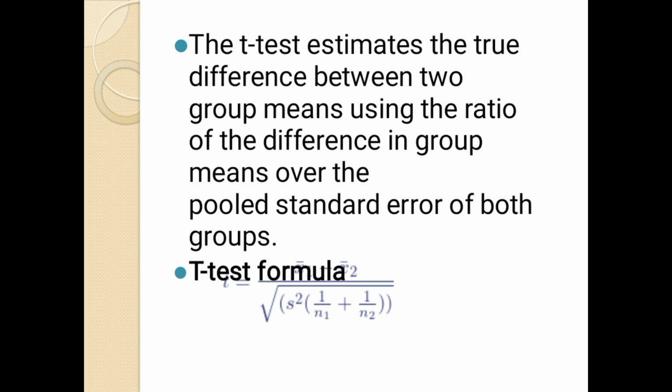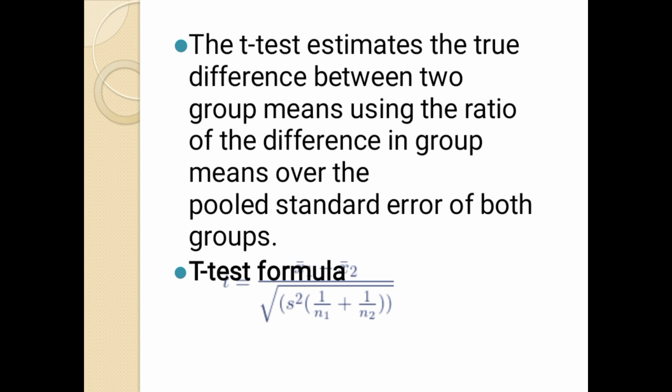So finally, the formula to perform the t-test is t equals x1 bar minus x2 bar, divided by the square root of s squared times (1 by n1 plus 1 by n2). t is the t-test coefficient.